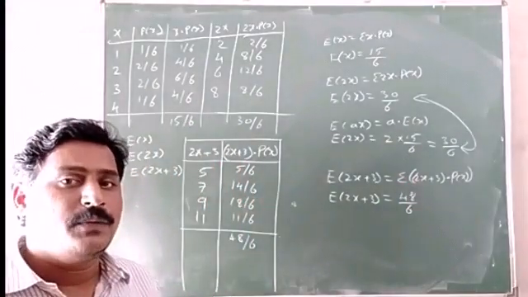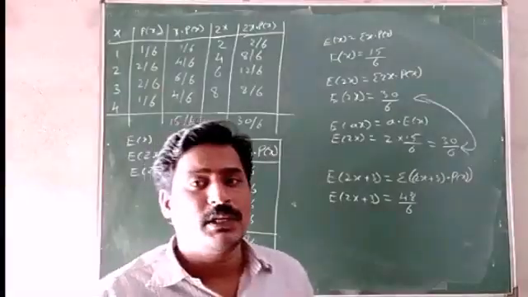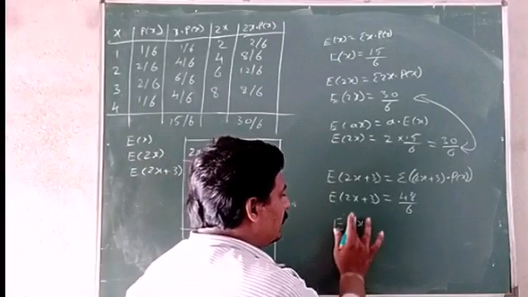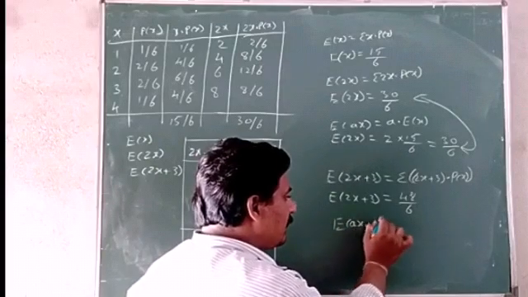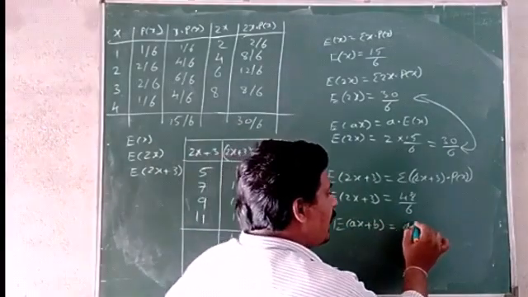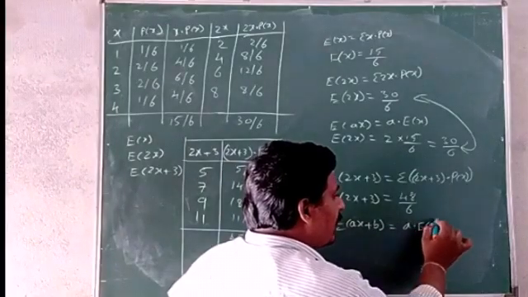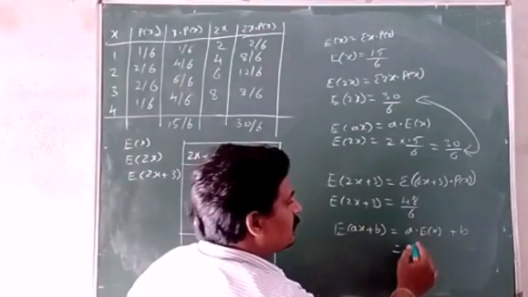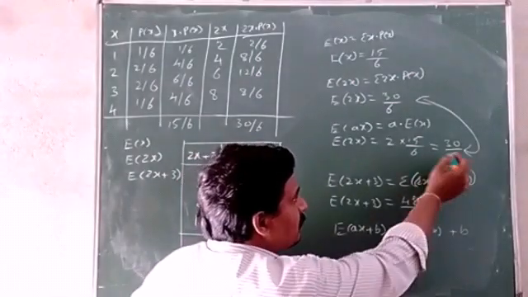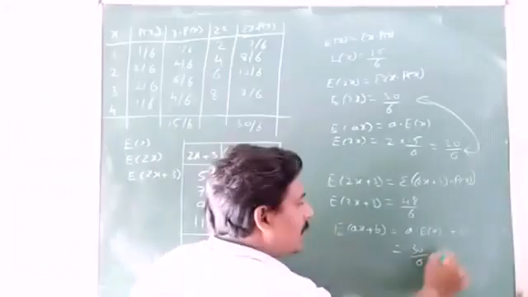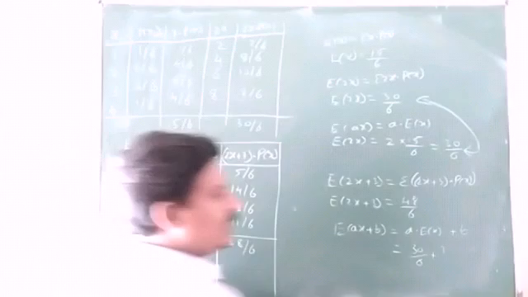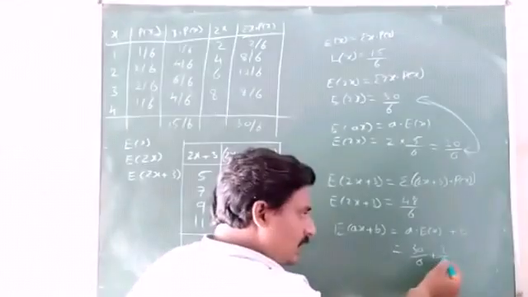And here also we have a shortcut and we proved it already. That is E of ax plus b is equal to a into E of x plus b. A into E of x is 30 divided by 6, which we have already calculated, plus 3. Nothing is there in the denominator, so there is a 1.